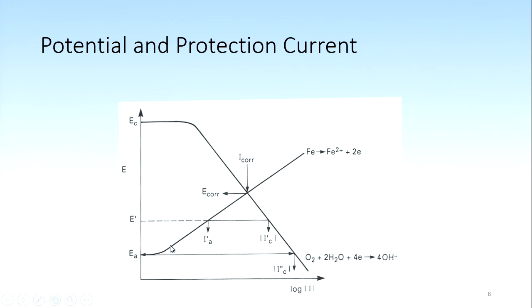So it's the same diagram, but just with a little bit of reality thrown in to indicate that you get some curvature of the potential current curves as you approach zero. And of course your oxidation line and your reduction line, in this case oxygen reduction, which is your most common cathodic process. Okay.